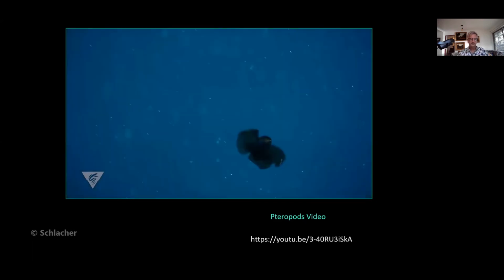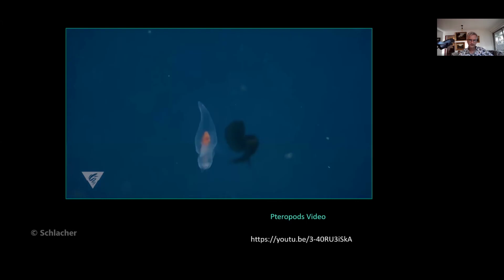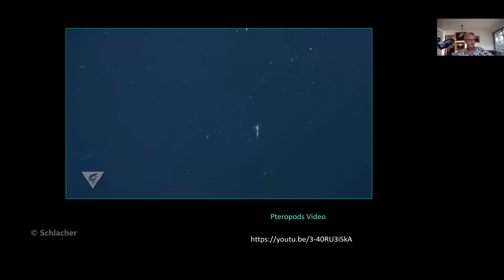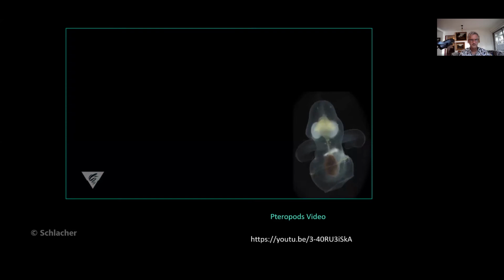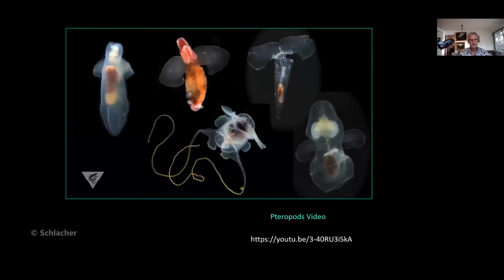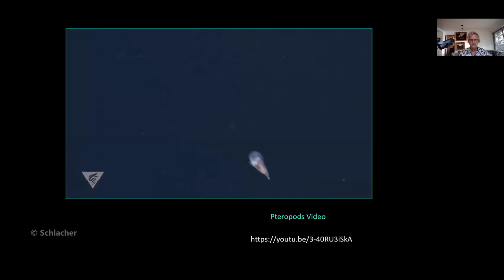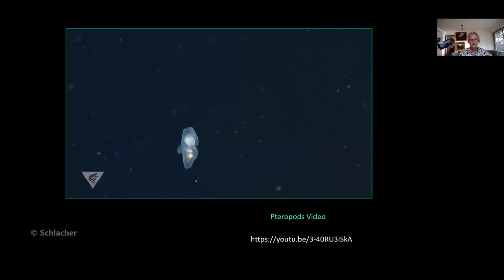Allowing them to take advantage of the Earth's largest habitat, the open waters between the sea's surface and bottom. Pteropoda, the Latin name for these snails, means wingfoot. They are planktonic animals, so they are carried along by ocean currents. The pteropods are a widespread and diverse group and play an important role in the oceanic food web. There are 2 distinct types of pteropods: those with thin, lightweight shells and those that have completely lost their shells.